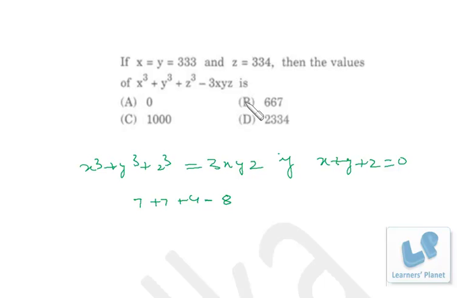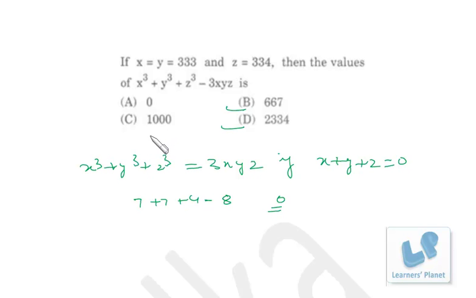So the unit digit of this entire expression will be 7 plus 7 plus 4, 18, minus 8, 0. Okay, so your answer's unit digit must be 0. So these two options are definitely eliminated. And obviously this calculation can never be 0, so your answer is 1000.